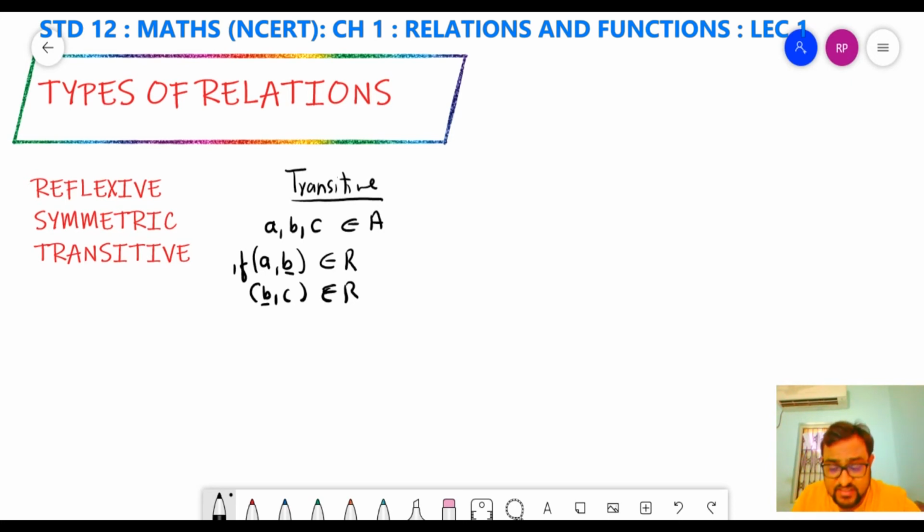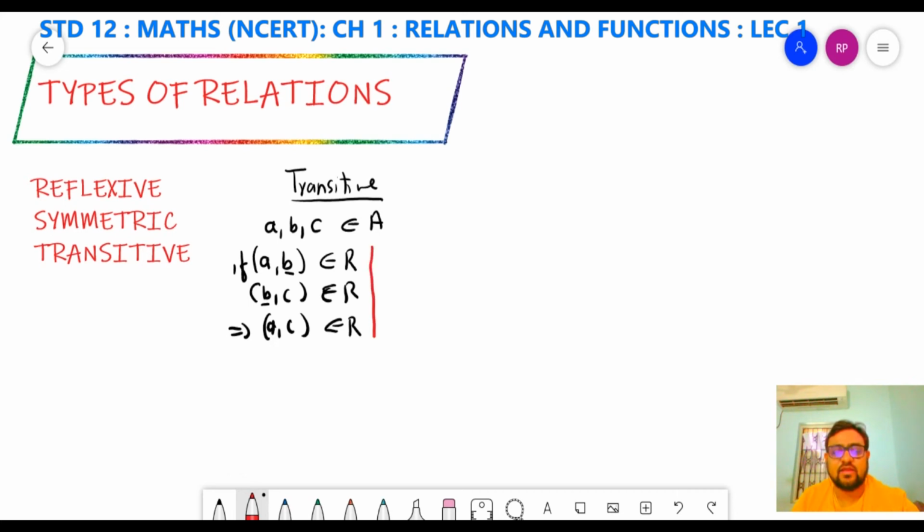If this is the condition, then this must imply that (a, c) belongs to R.